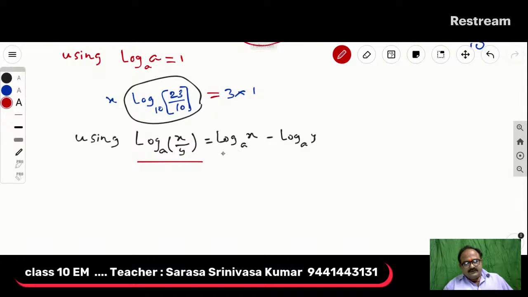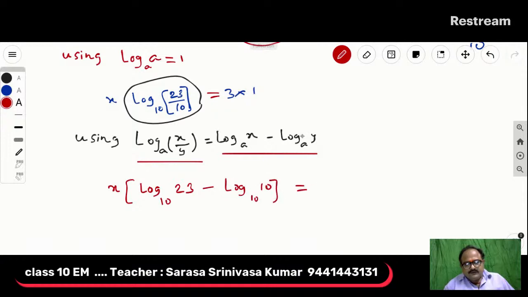It can be written as log x base a minus log y base a. Hence, the left hand side term can be written as x multiplied by log 23 base 10 minus log 10 base 10.